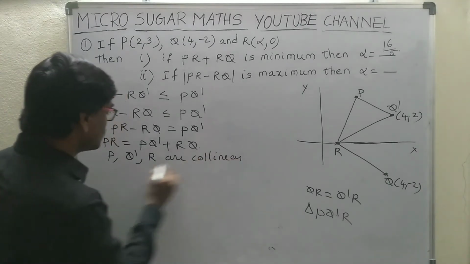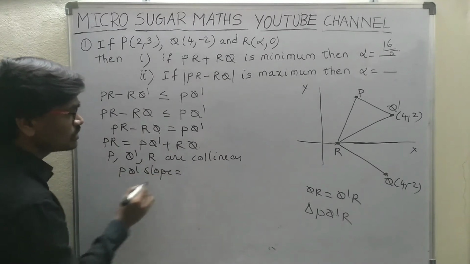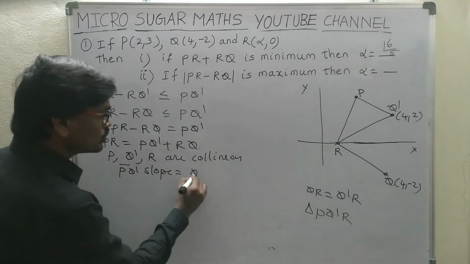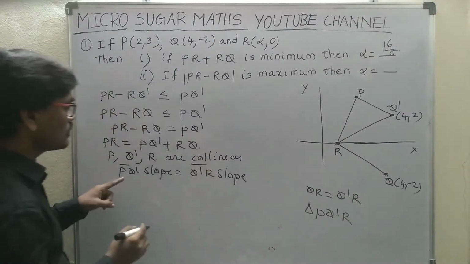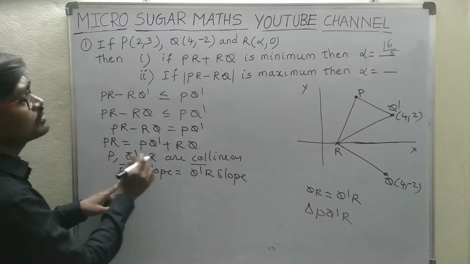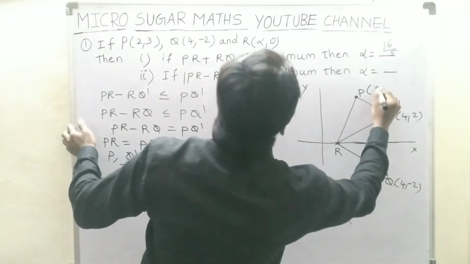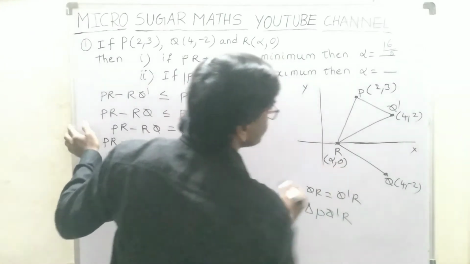Now students, find out the PQ dash slope and equate it to the Q dash R slope. P point is (2, 3) and R point is (alpha, 0).